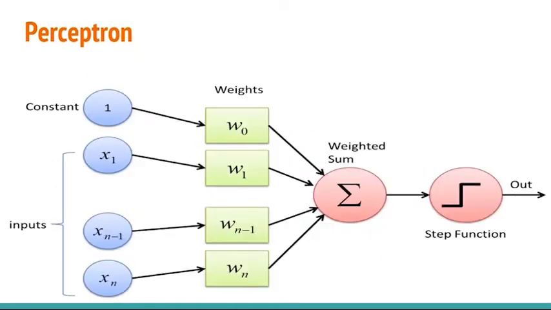Okay, so I'm going to walk you through the perceptron right now. This is the basic architecture. We're going to have a set of inputs that we call features, and for every input you're going to have a weight. The sum here talks about the linear combination of the weights and features.